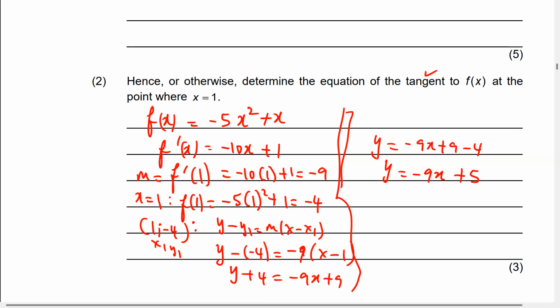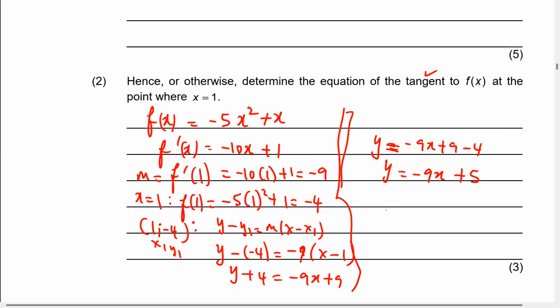You need to ask yourself a couple of questions. So y is equal to minus 9x plus 5. This is the equation of the tangent.